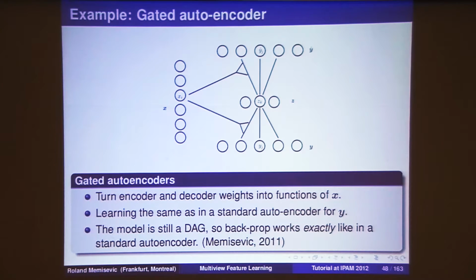This model is still a DAG, so you can just use backprop to train it. And if you use automatic differentiation, like in systems like Theano, you won't even notice any difference because it's going to compute the gradients for you anyway. So this is basically just the same thing as training an autoencoder. Any questions on that?